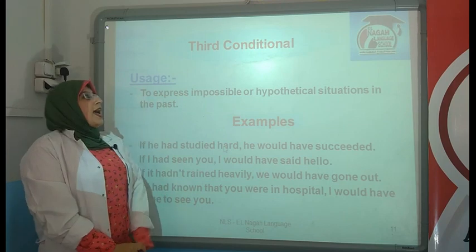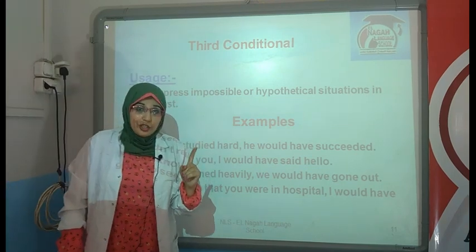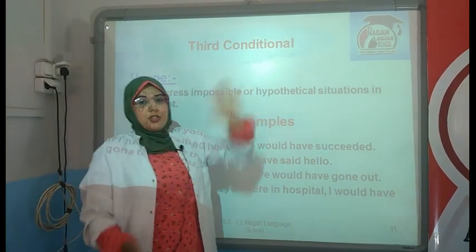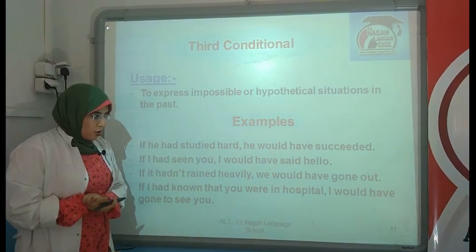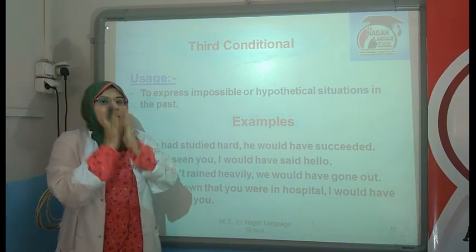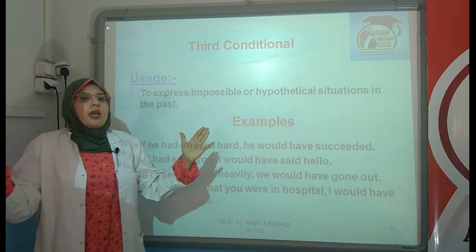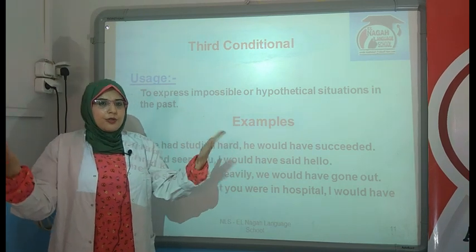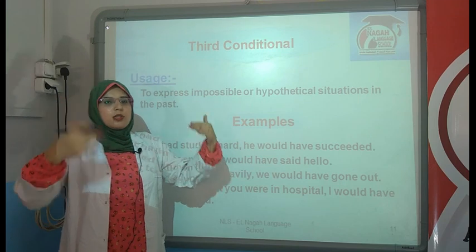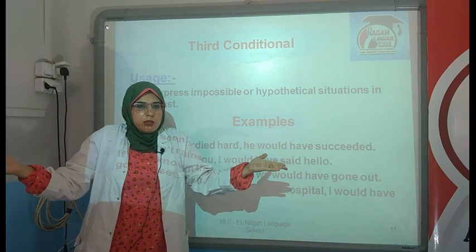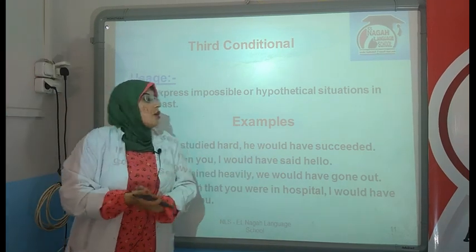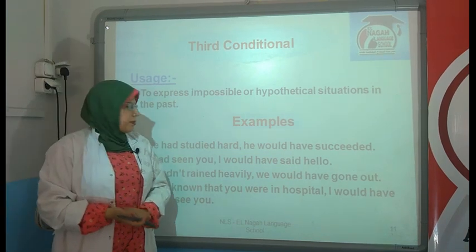Yes. And now the last conditional is the third condition. We use it for what? Impossible action or thing in the past. It's supposed to happen, but it didn't happen. Okay, examples.